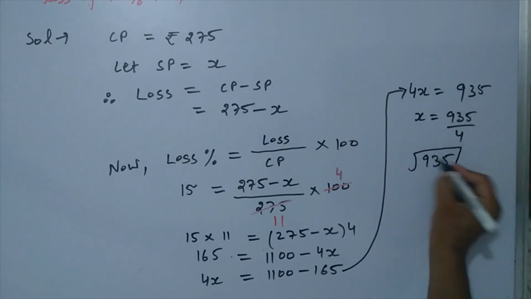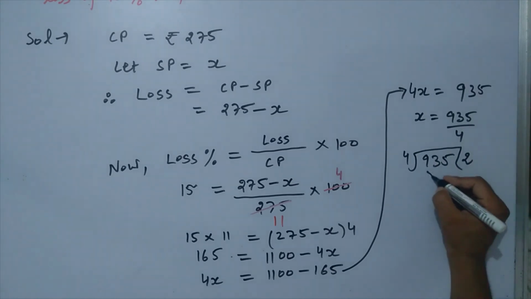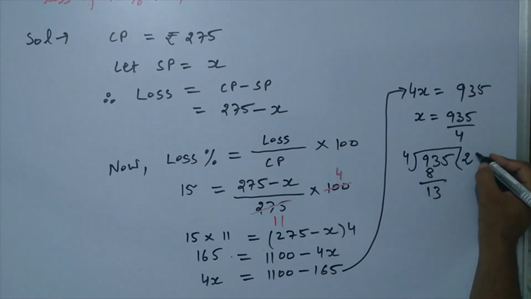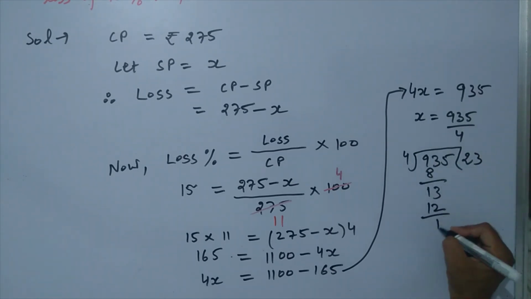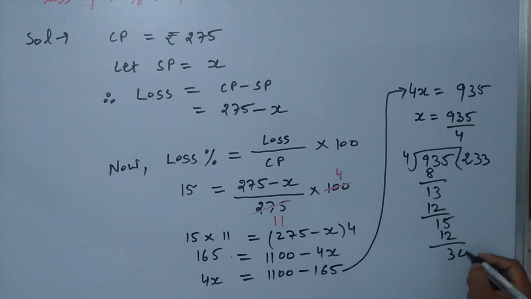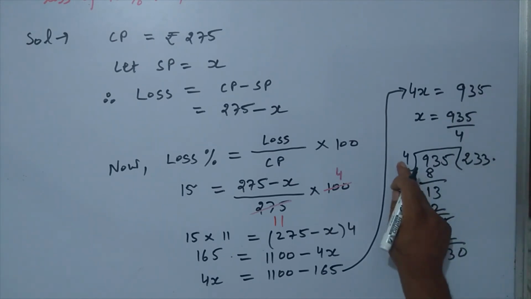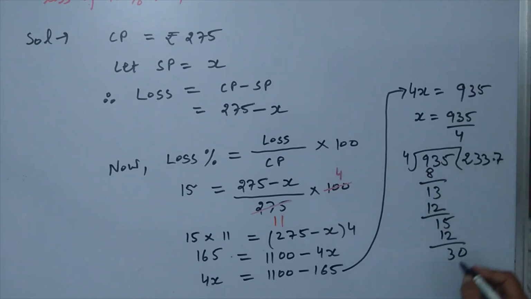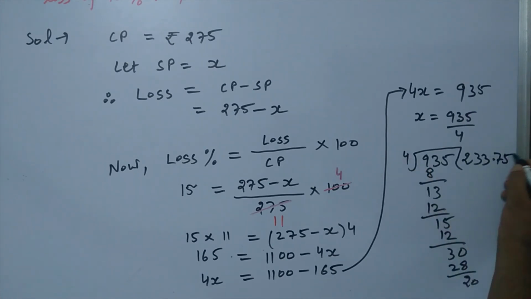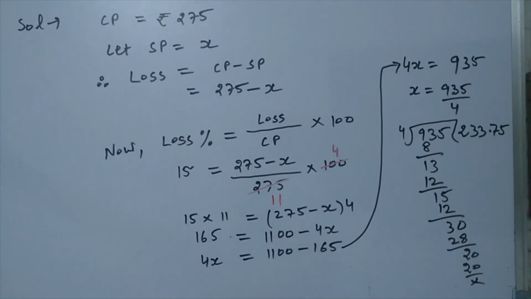935 divided by 4. 4 twos are 8, 13, 4 threes are 12, 15, 4 threes are 12, 30, decimal. 4 into 7, 28. 20. 4 into 5, 20. Right?